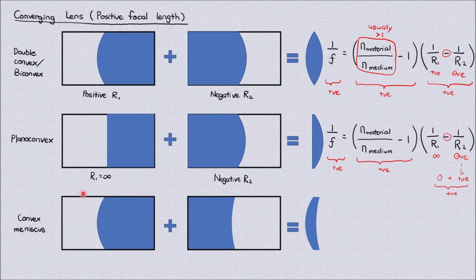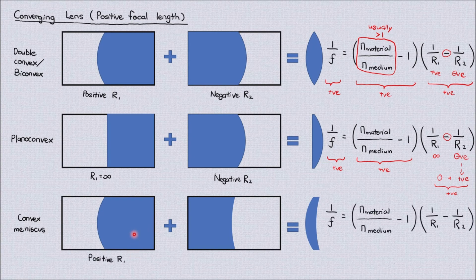Okay, so for the first surface, our center of curvature will be on the right. Whereas our refracted ray will also be on the right-hand side because it's entering the lens material. So the refracted ray and the center of curvature are on the same side. Therefore, our R1 should be positive.